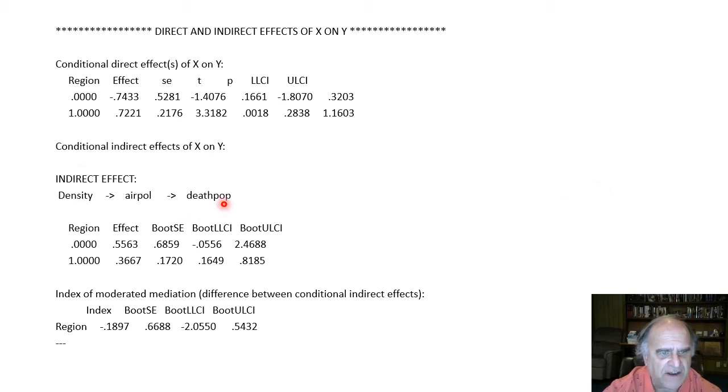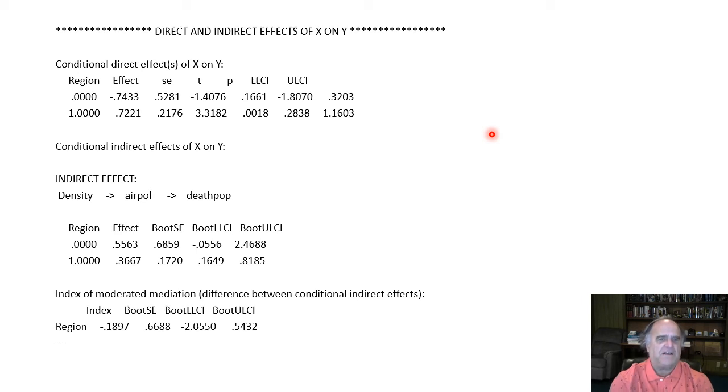And then here are our indirect effects. These are indirect effects of density on air pollution, on death, on COVID deaths. And you can see it's going to calculate the indirect effects for each region. And that's because we told it that there was an interaction effect, a moderation effect.